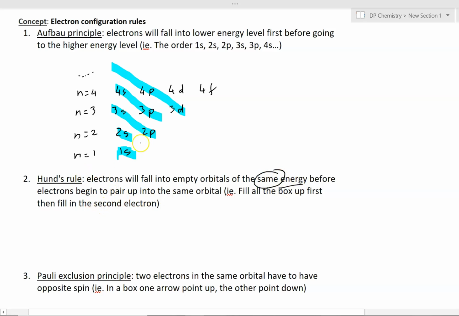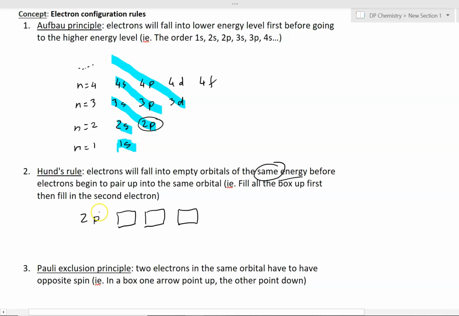What it means is that, let's say we take the 2p energy level. The 2p level will have 3 orbitals, represented by 3 boxes. Let's say you only have 4 electrons in this 2p orbital. The electrons will start to fall in the empty orbitals first, so you go up, up, up, and then the 4th electron will pair up, like so.